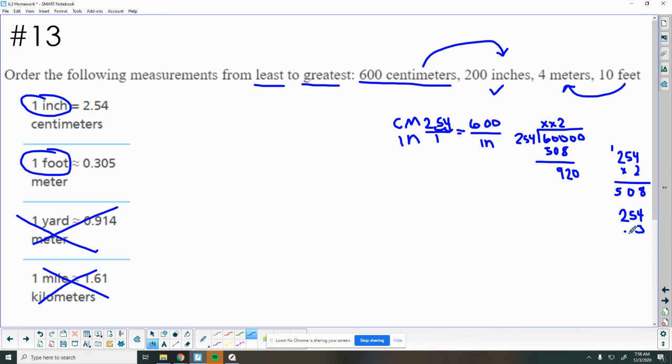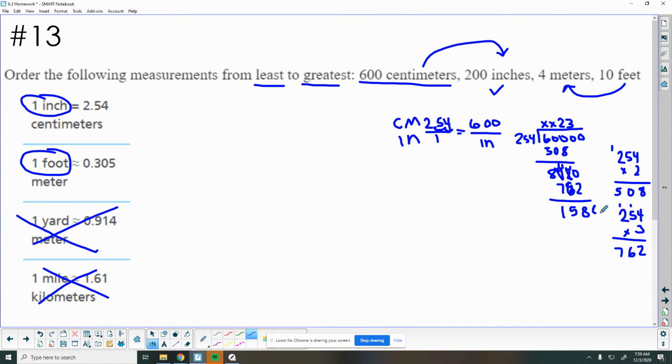So times by 3, there's 12. 15 plus 1 is 16. 3, 6, 7. So 792. So there's our 3. Then 62, so I need to borrow here. So there's an 8. Borrow here. 11 minus 6 is 5.